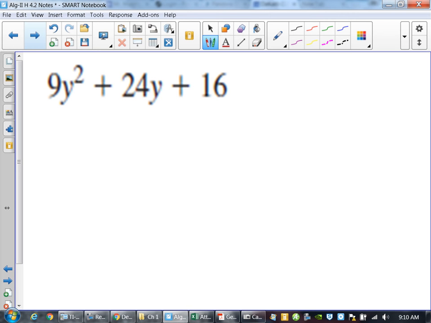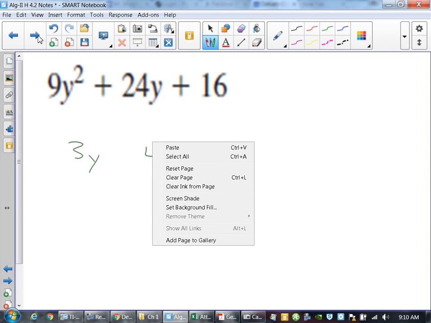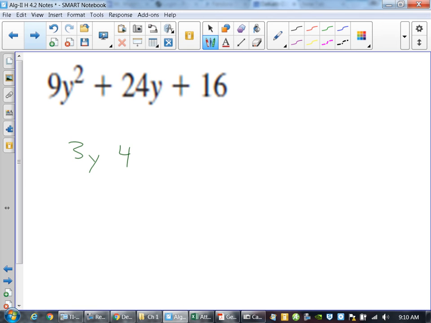Is 9y squared a perfect square? Is 16 a perfect square? Okay. So what's the square root of 9y squared? It's 3y. What's the square root of 16? What's 3 times 4? Double it. What do you get? So that means your answer is the special pattern.